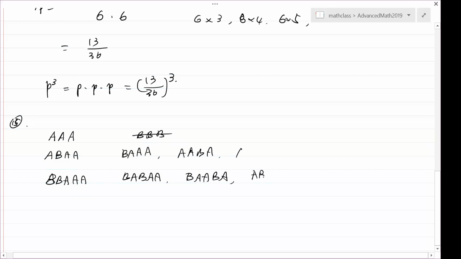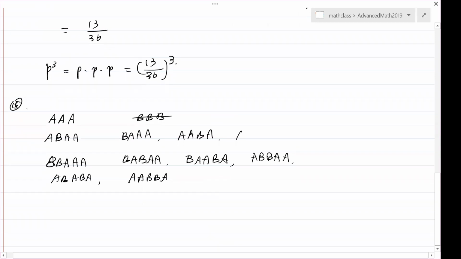Let's write down all the possible patterns. You're going to have 6 in total: A, B, A, B, A, then A, B, B, and so on. Those are all the possible patterns, and that's it.